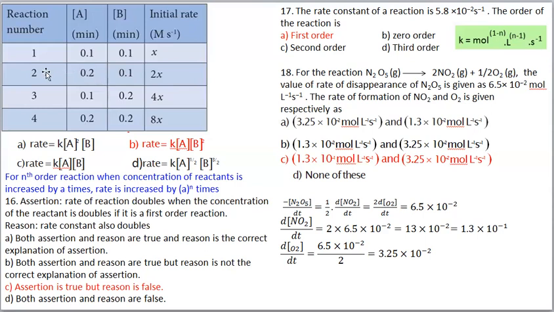We can take the second and fourth observation, or we can take this one also. Here concentration of A is 0.1, and here concentration of B is doubled. First and third reading. Okay. This is the first reading, this is the third reading.